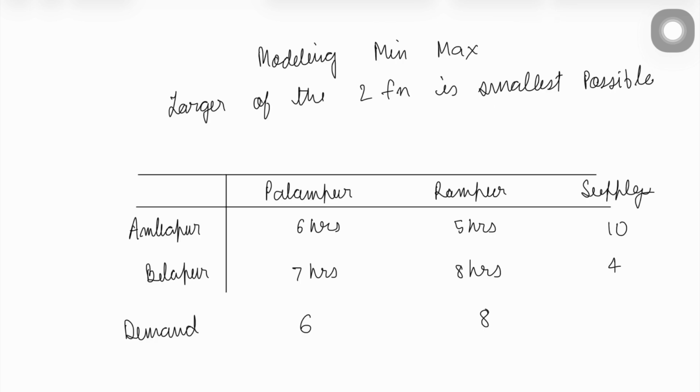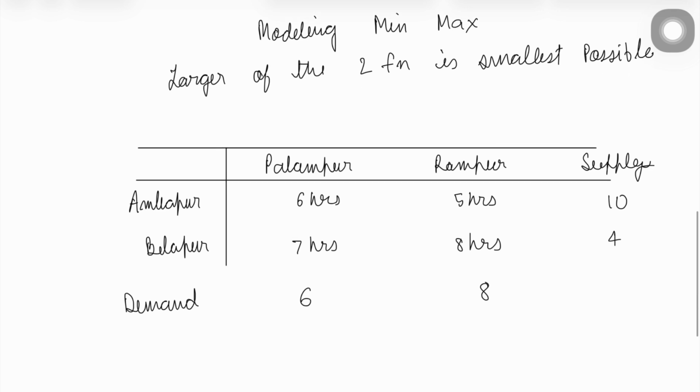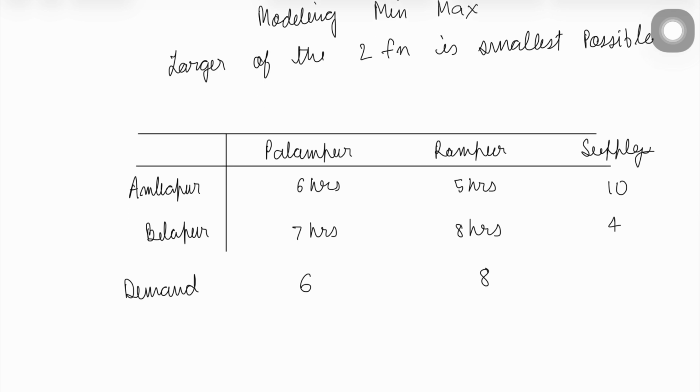Another problem that we may face is the modeling of min-max, which states that the larger of the two functions is the smallest possible. For this we are taking a transportation problem in which, instead of the usual reducing of cost, we need to reduce the time. Here we are given the time it will take to send the materials from the godown, the warehouse, to the destination.